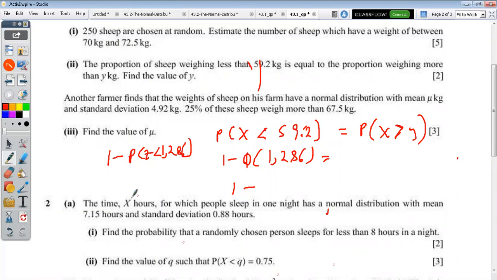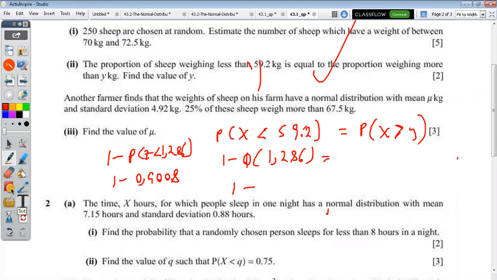Okay. So it's 1 minus 0.9008. Okay, this is correct. Then you simply get your answer there, 1 minus that, which is 0.0 something. Okay, now let's go to the next part.